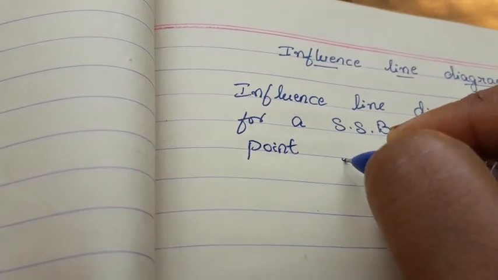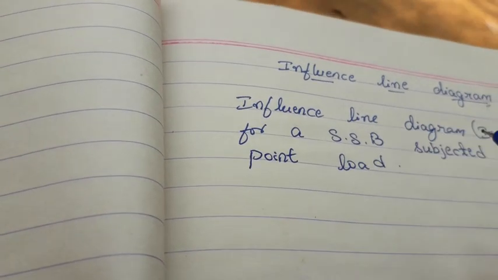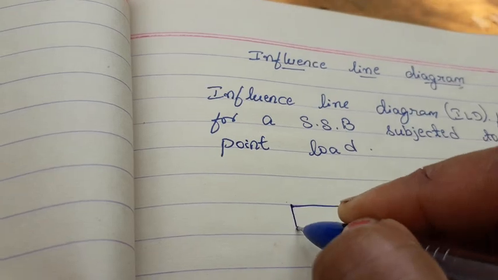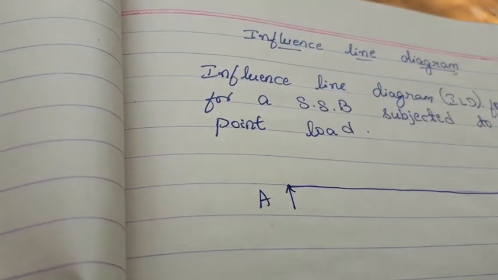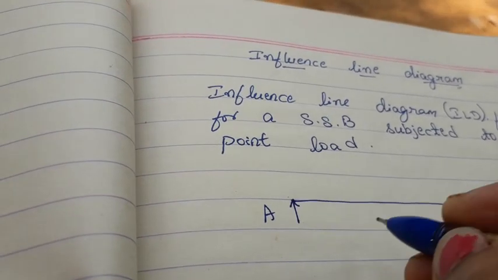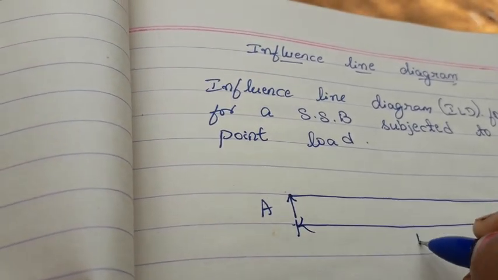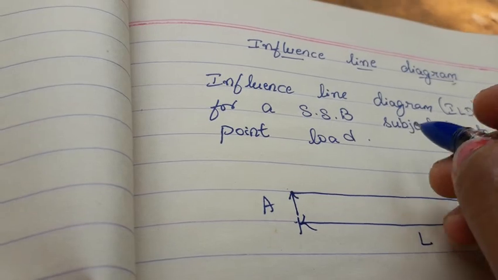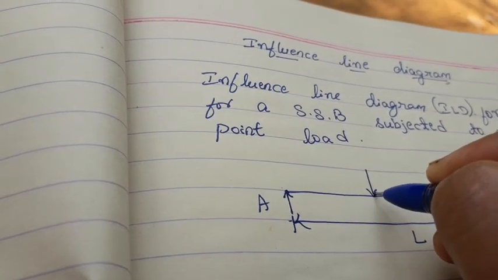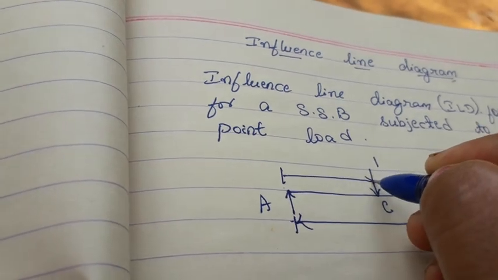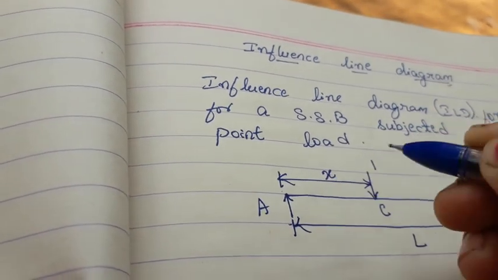So here we will consider a simply supported beam. Let us call the beam AB, and let the span of AB be L. Let us consider a unit load at a point C which is at a distance of x from A.